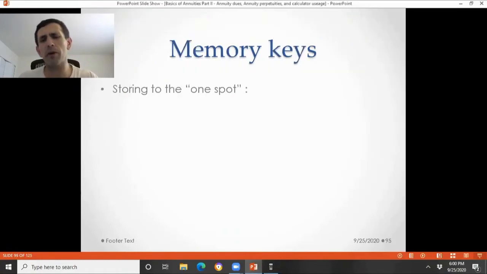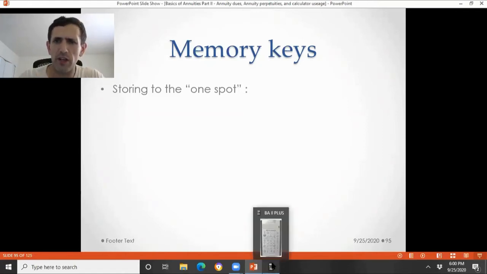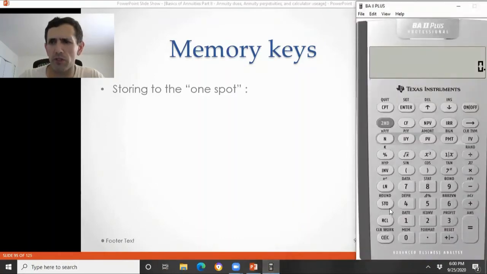Right, so let's talk about the memory keys, and this is extremely important. You have 9 spots in the calculator to store things. Let's say I have some number, ln of 5, and I want to store it in the 1 spot. So I hit store 1.